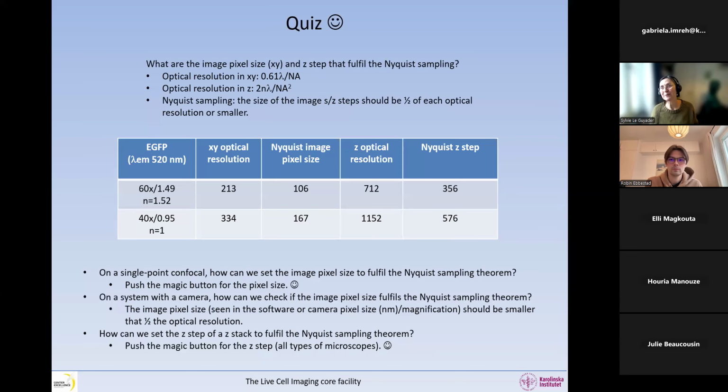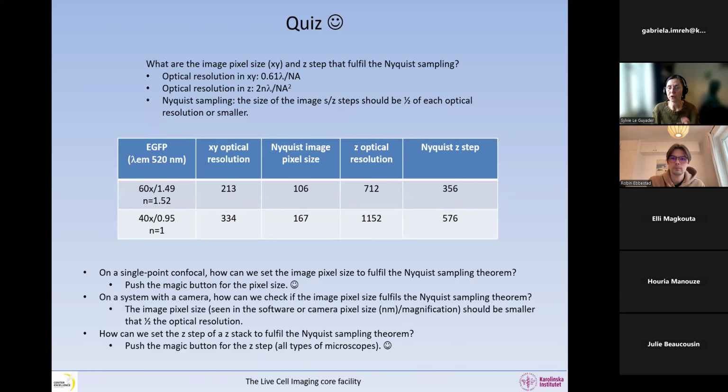Maybe you can do it when you go to your microscope, because you are closing down more than 1. So basically, the idea would be you set everything. You set your zoom, the number of pixels. You click on the magic button. One of these two will change to go to the normal Nyquist pixel size, and that's in XY.